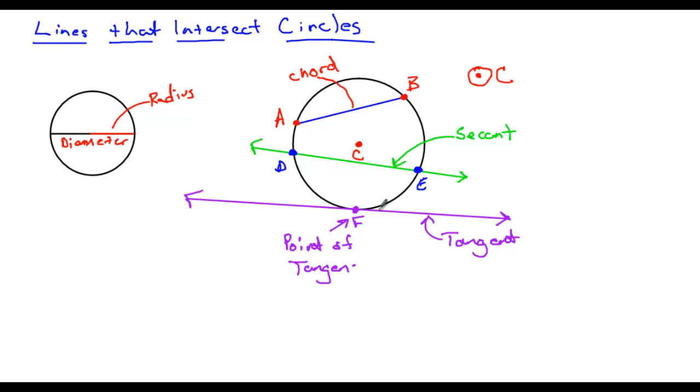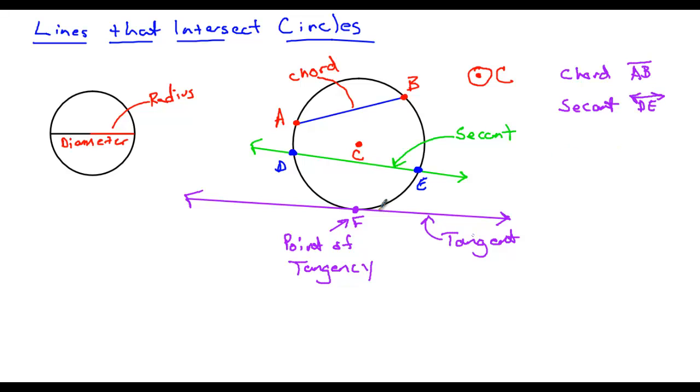So it's pretty common sense. It just means when you have a tangent line that just touches a circle at one point, the point of tangency is the one point. So it's just some vocabulary that you're going to need to know. If we were going to list this out, we would say that the chord is segment AB. We would say that the secant is line DE.